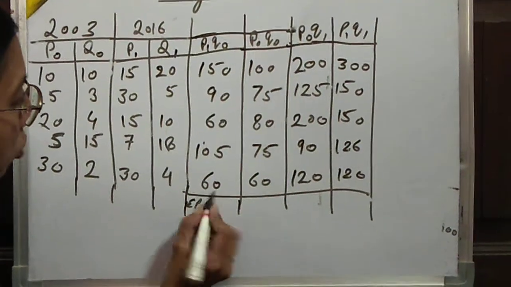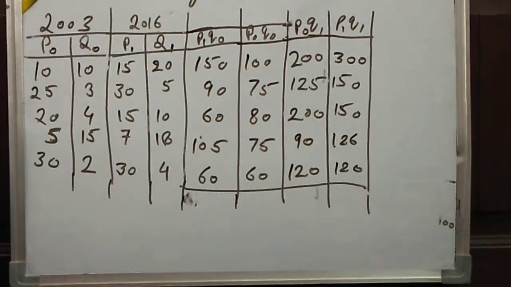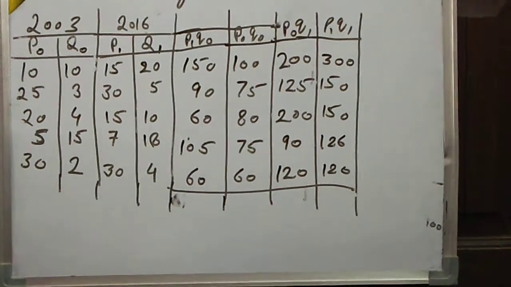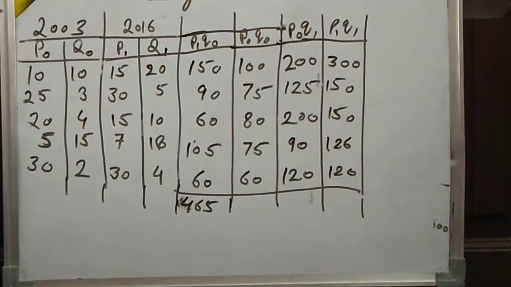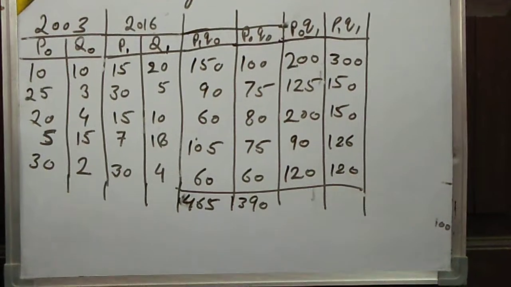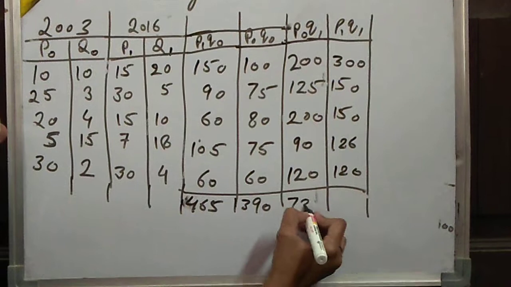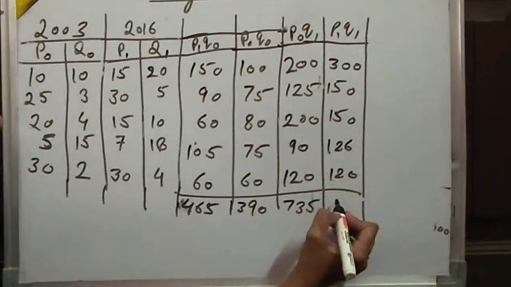Sigma P1 Q naught sum total is 465. P naught Q naught sum total is 390. P naught Q1 sum total is 735, and P1 Q1 sum total is 846.